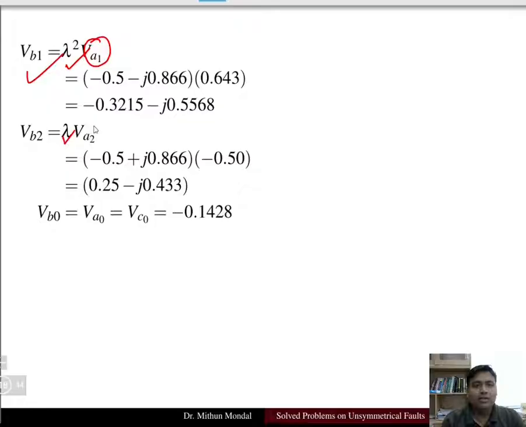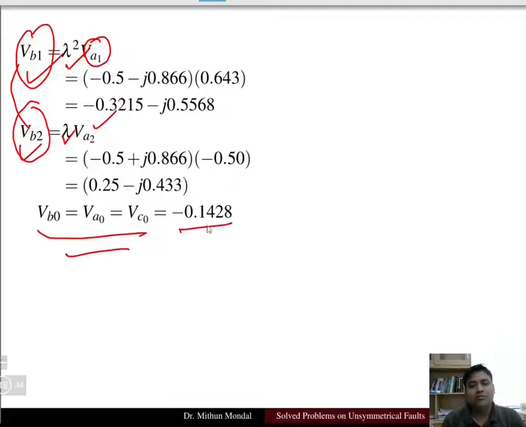Similarly, lambda multiplied by VA2 gives VB2. Having proper knowledge of the symmetrical components, we can obtain the positive and negative sequence components of phase B, and the zero sequence component is the same for all phases. So we have obtained it for phase B.